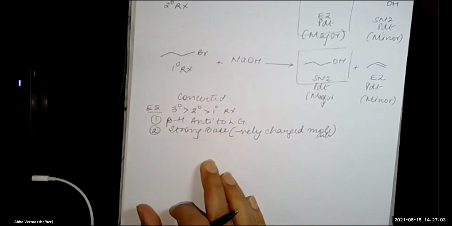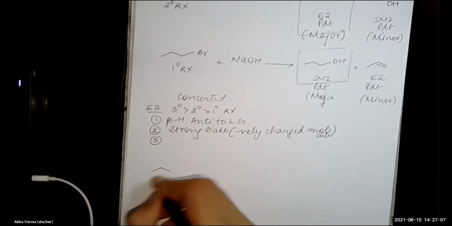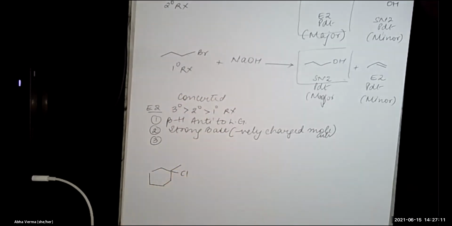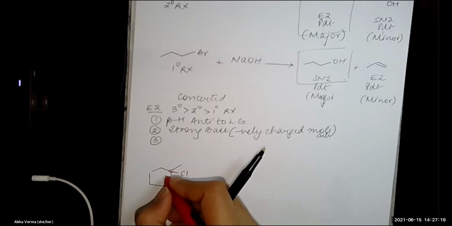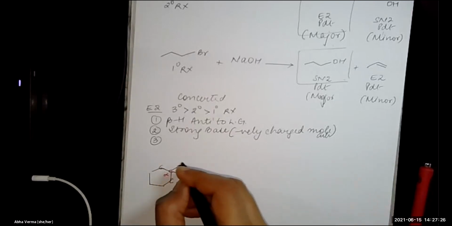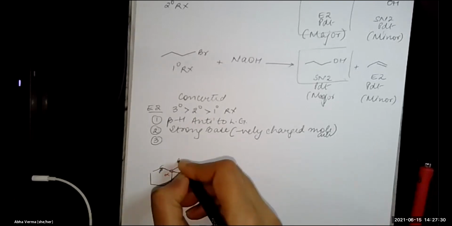Well, let's try on this reaction. Now I have this chlorine right here. So this carbon on which the chlorine is attached is my alpha carbon. All these 3 carbons right here are my beta carbons.